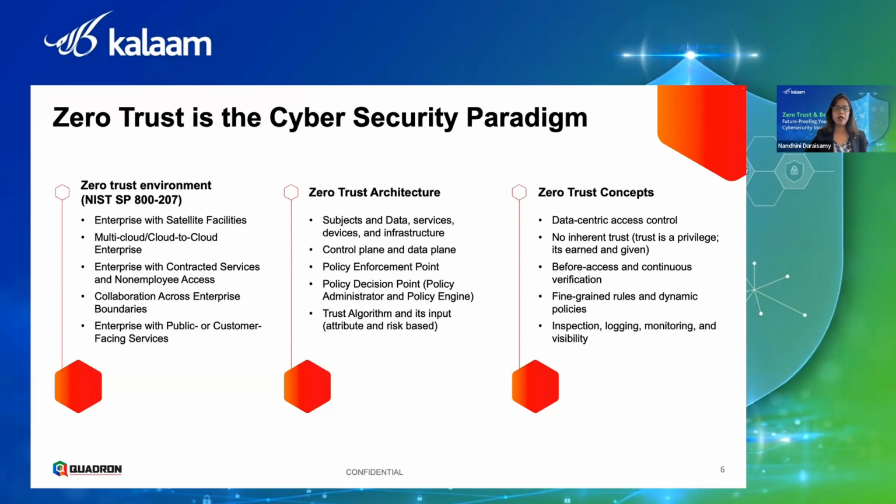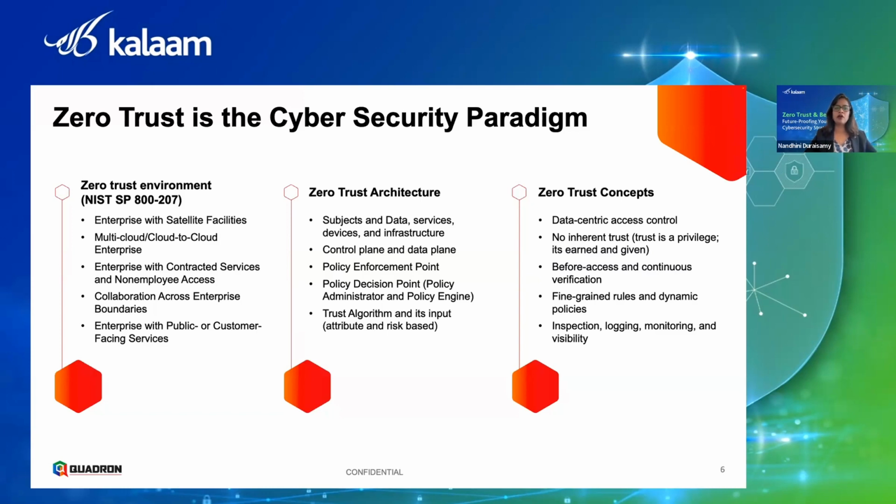And now you have the multi-cloud and cloud-to-cloud enterprise, when people are moving from on-prem to cloud environments. This involves a business that uses multiple cloud service providers or has a complex cloud architecture. Managing data, applications, access, and security across these diverse cloud environments is a key challenge. So Zero Trust can address that.